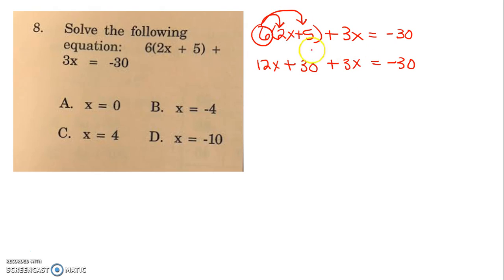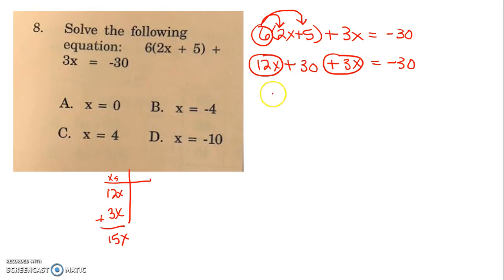Now on this side, I'm going to combine like terms. Miss Pearson would call it your x's and your no's. So what I'm going to combine together is 12x and 3x. What's 12x and 3x? If you did your little chart off to the side, if you did your x's in your chart, you do your 12x and your 3x, and what do you get when you add those together? 15x.